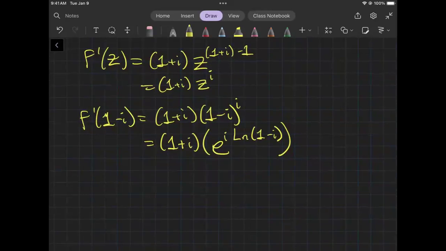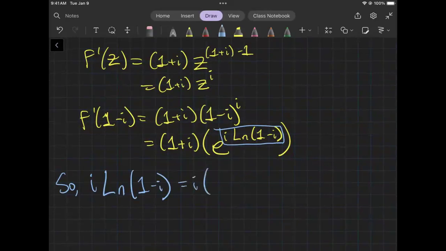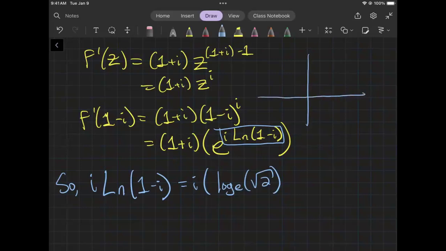So this exponent, I times capital natural log of 1 minus I, equals I times log base e of root 2, plus the angle. 1 minus I would be in the fourth quadrant, so that would be minus I times pi over 4.